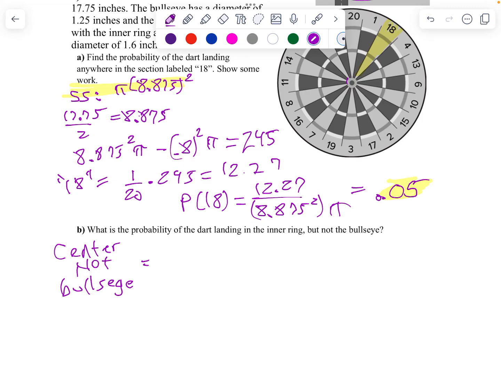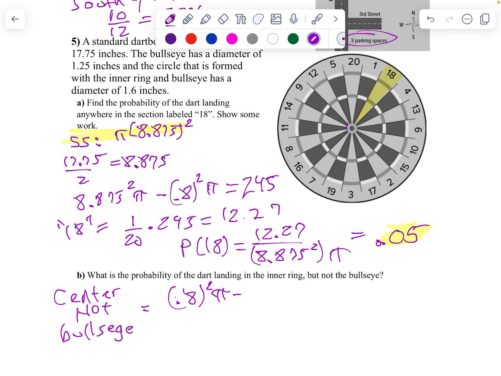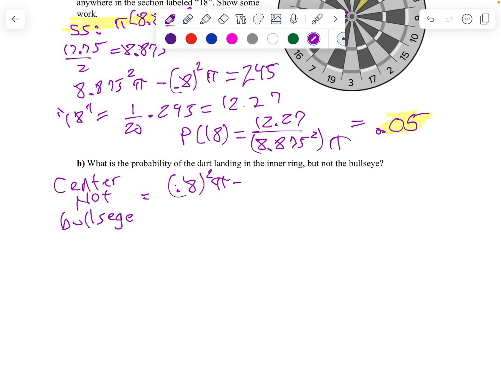Well, we already said from before that my center ring has a radius of 0.8, so it's 0.8 squared pi. I'm going to subtract off the bullseye, which is 1.25. To find the radius, I take 1.25 and divide that by 2.